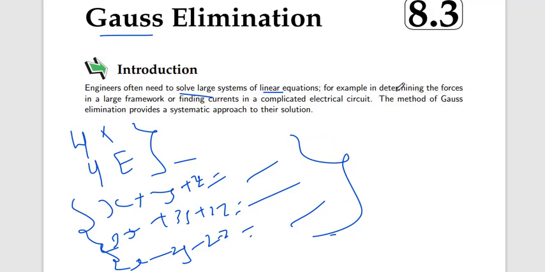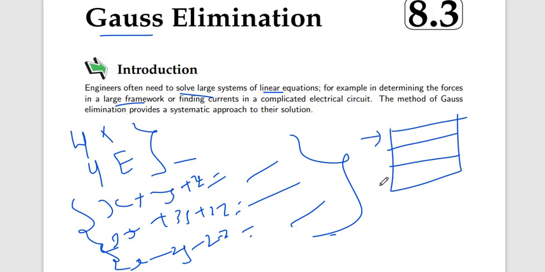For example, determining the forces in a large framework like a building. If we want to find out the different types of forces which act on a building, there are many types of forces: wind forces, earthquake forces, dead load, live load, and different floors.